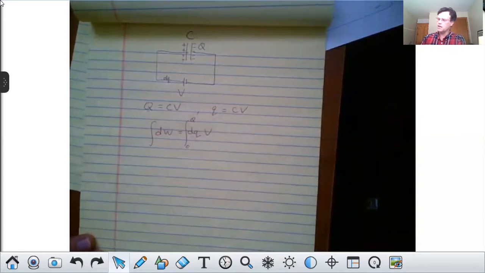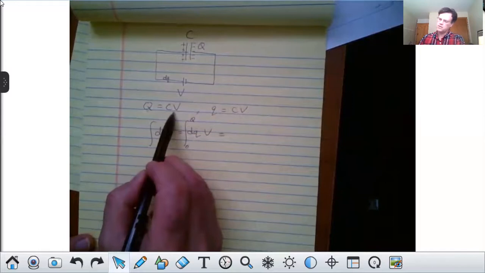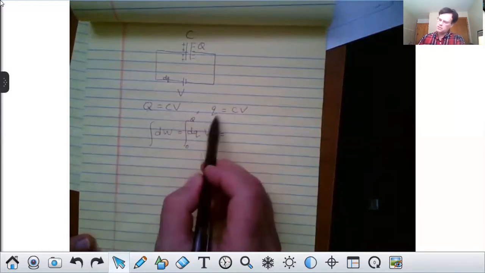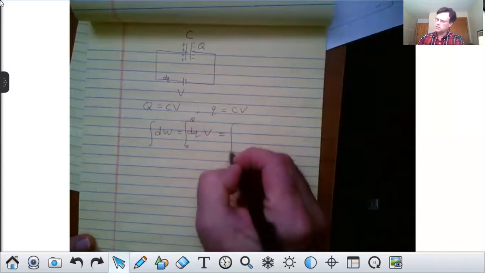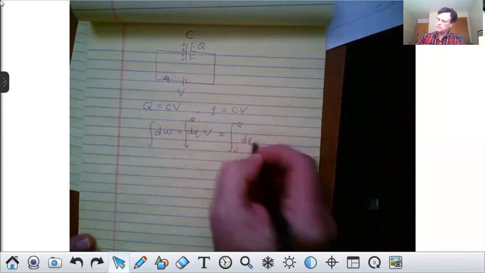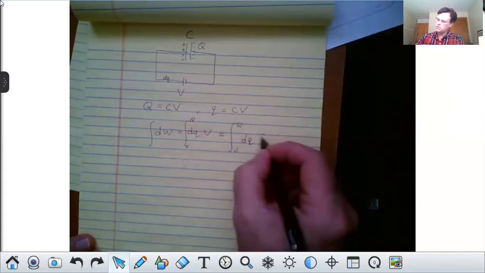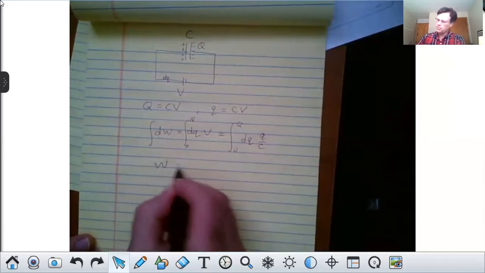I'm going to remember that q equals CV, so for each little amount of q, V is q over C. So I get this integral, 0 to capital Q, of q over C dq. The left-hand side is just the work.